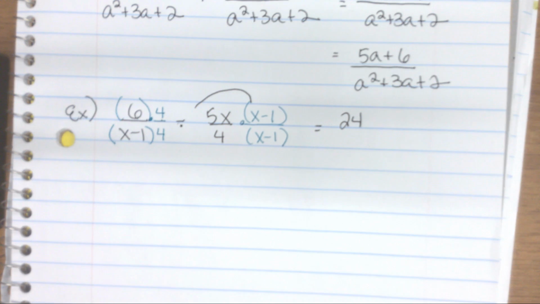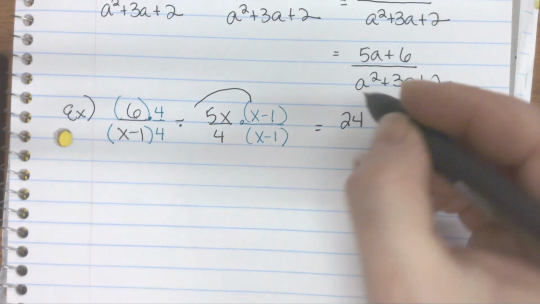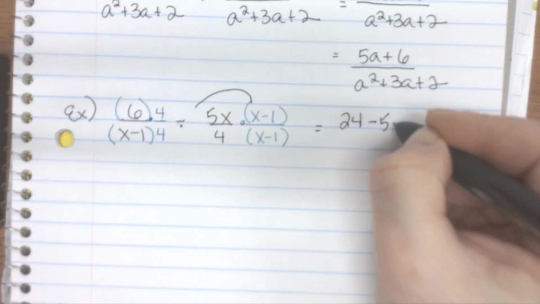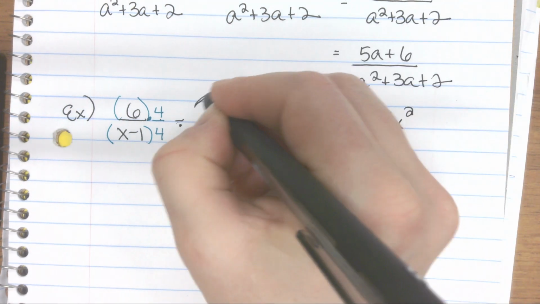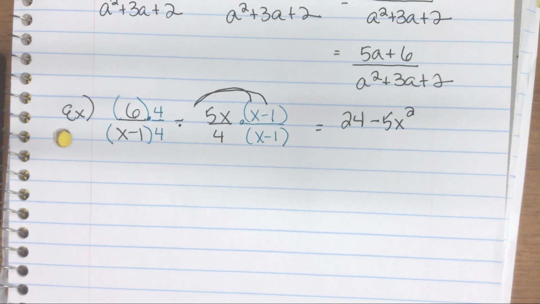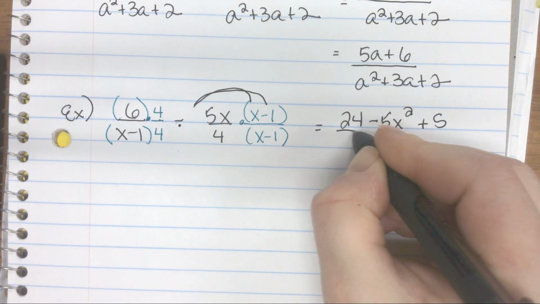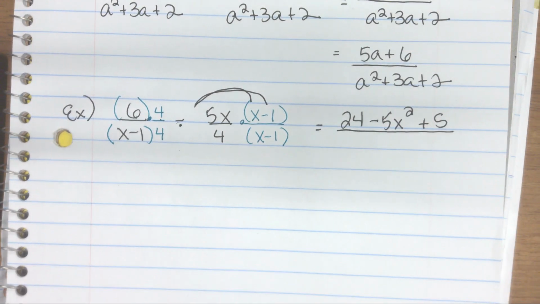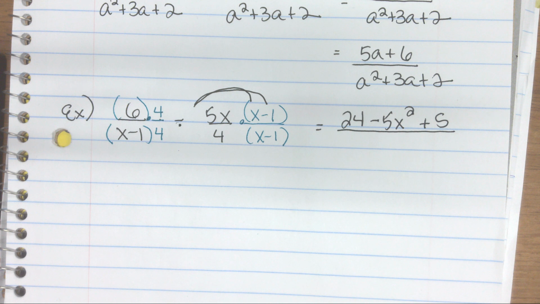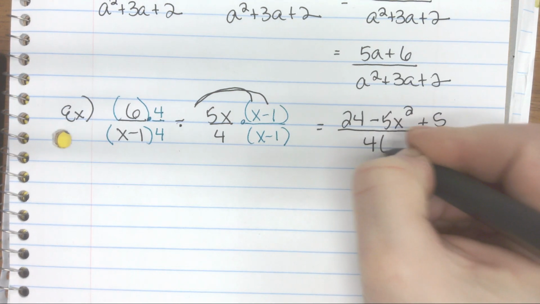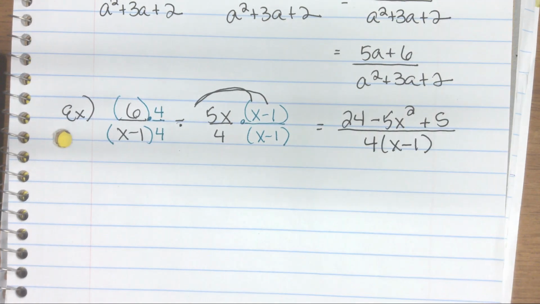What's negative 5x times x? It's negative 5x squared, and negative 5 times negative 1 would be a plus 5. And then we're going to go ahead and put it over our common denominator, which is 4 times x minus 1, or you could write it as x minus 1 times 4. Either is fine. Make sure you put parentheses around your x minus 1.